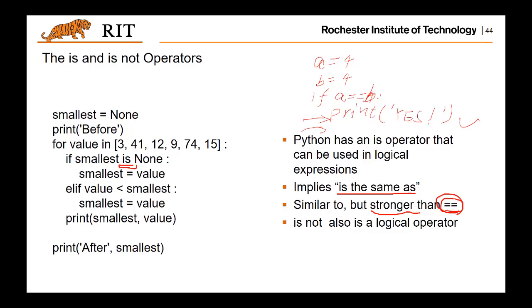But if we put if A is B, in this case, this line of code will not be executed, because this is stronger than the comparison operator.